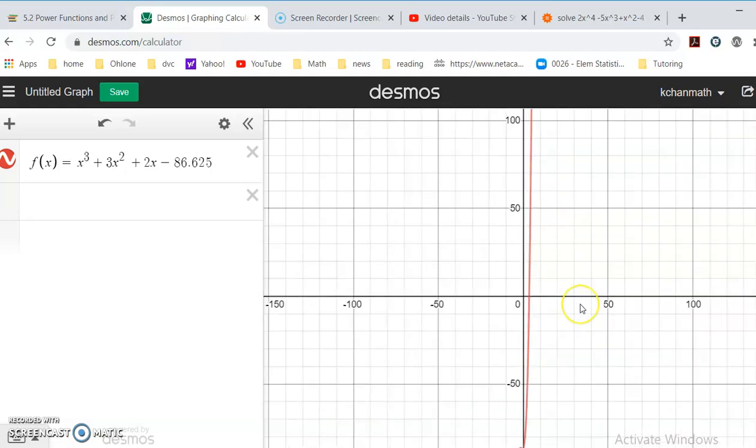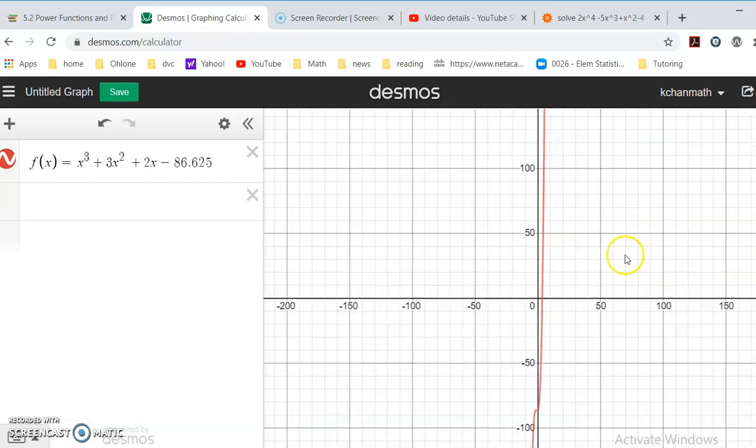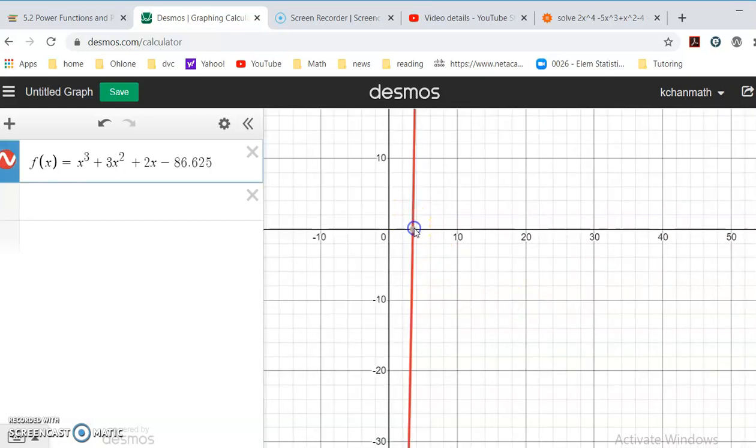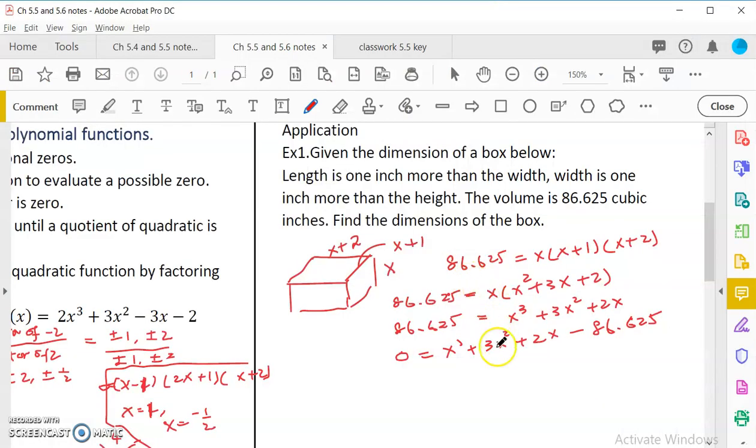It seems like I don't have anything else that cuts it again. So it seems like this is the one, so click on it. 3.5, so x equal to 7/2. So use Desmos. The zero is equal to 3.5 or 7/2 units.